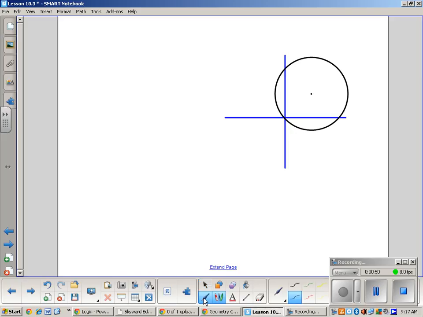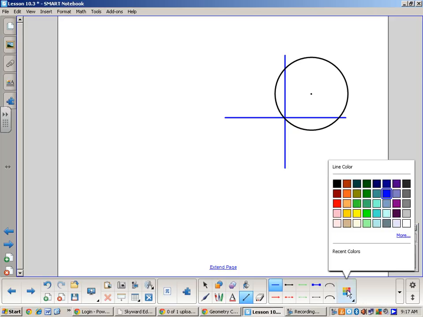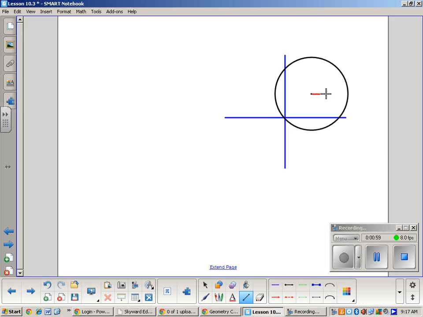This right here would be my radius. And this is my center.